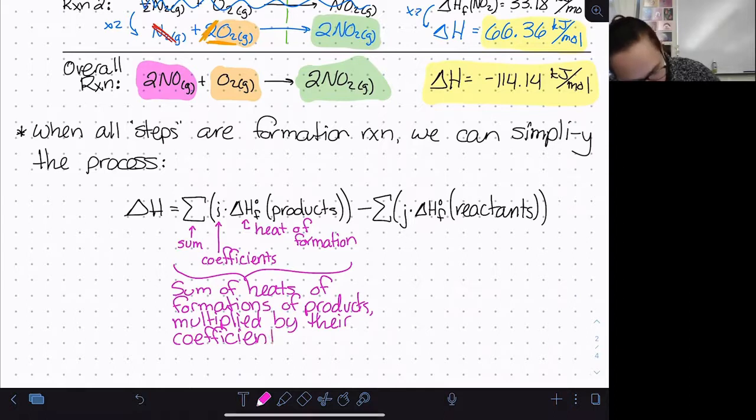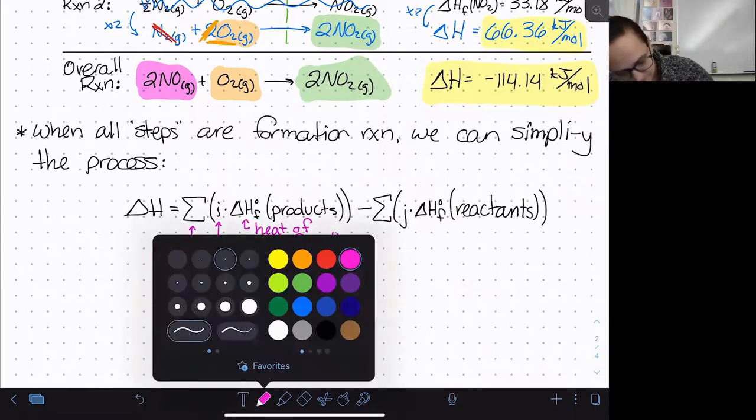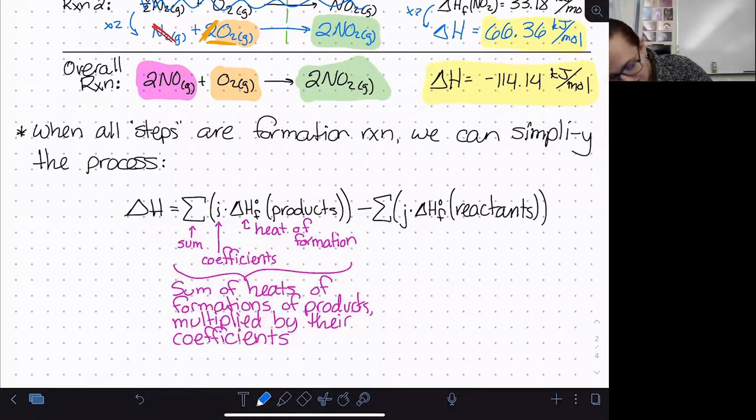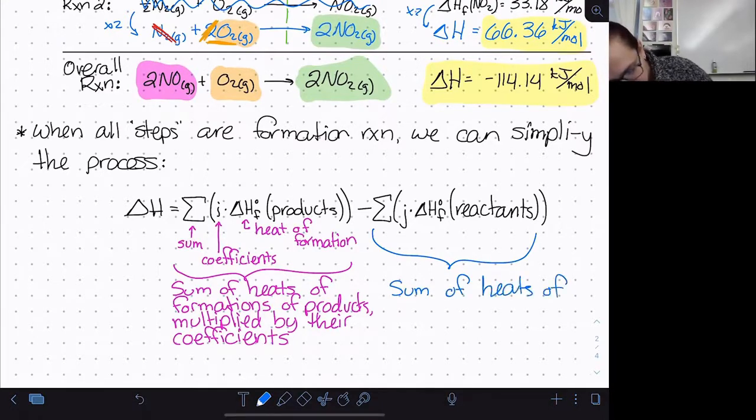And you are subtracting the same thing for the reactants. So you're taking the sum of the heats of formation of the reactants, also multiplied by their coefficients.